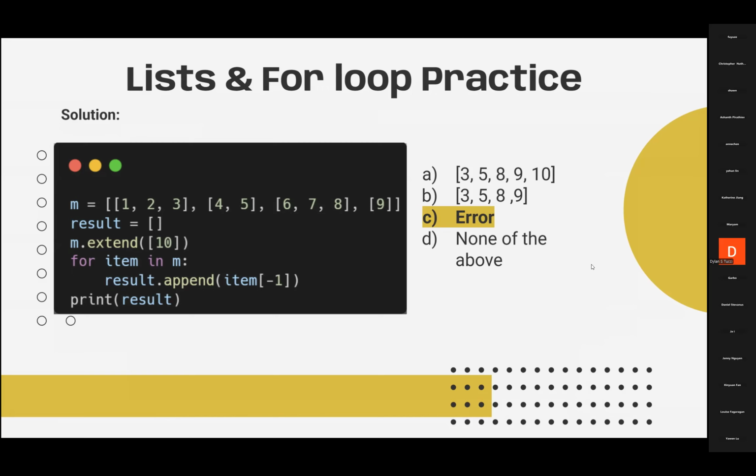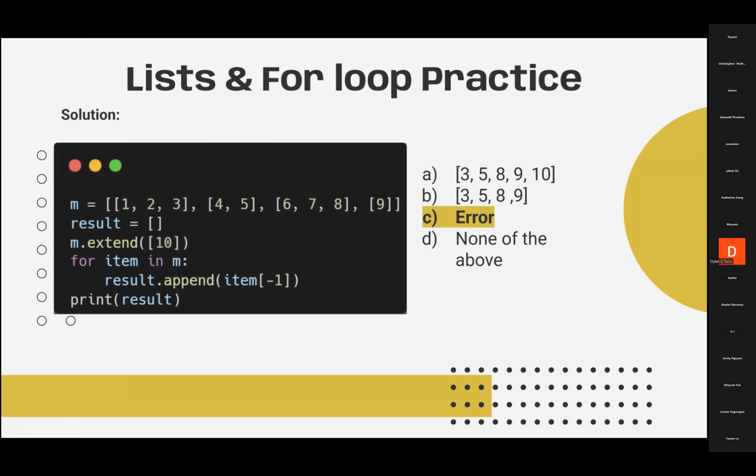Could you please repeat the explanation of why 10 is not a list? Because the parameter of extend has to be a list. Here, this is a square bracket, which means it is a list containing only the element 10.